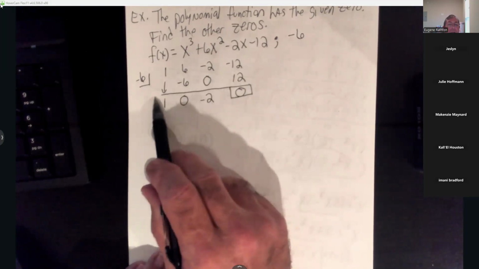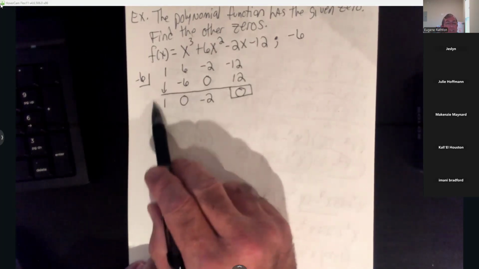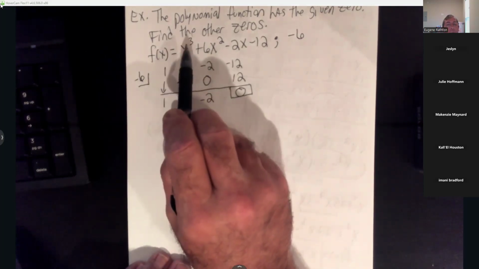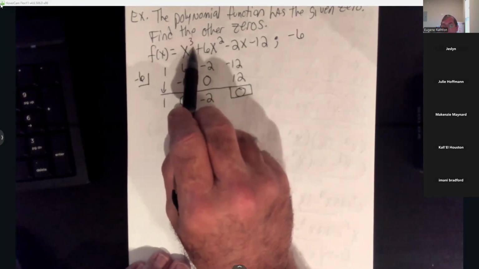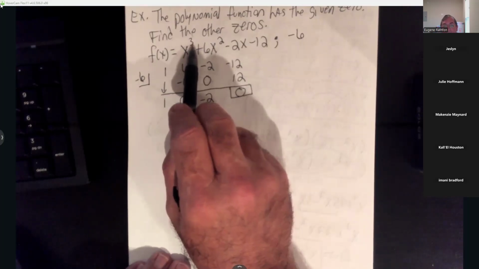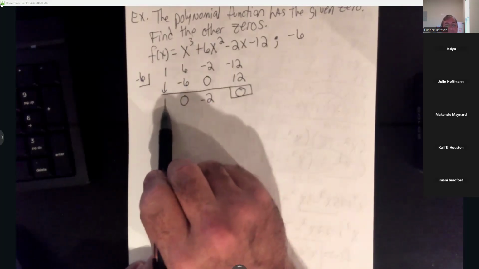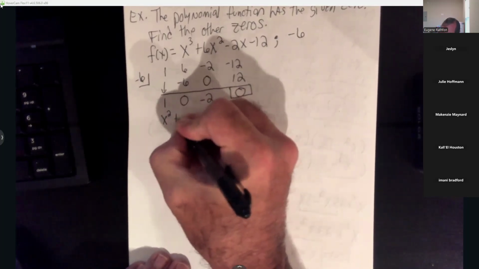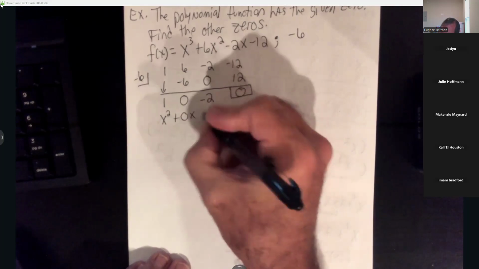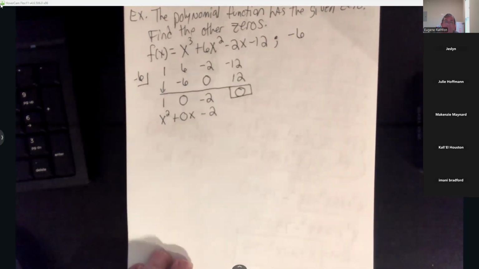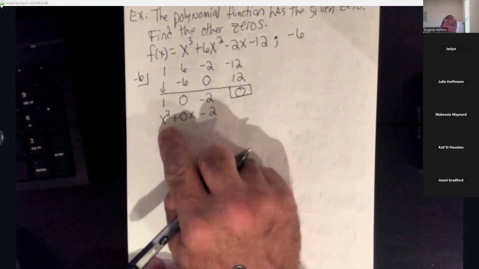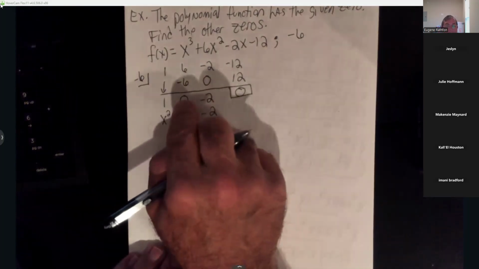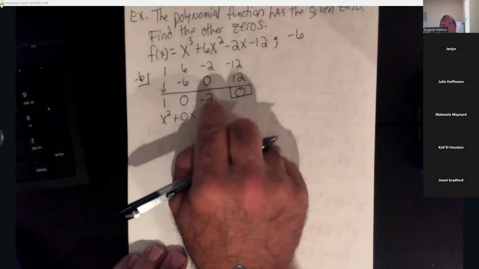So y'all, these three numbers are the coefficients of the new polynomial, and it always starts 1 degree less than the original. Since this was an x cubed, that makes this one a 1x squared. So this is x squared plus 0x minus 2. If you wanted to do the quadratic formula, A is 1, B is 0, C would be -2.